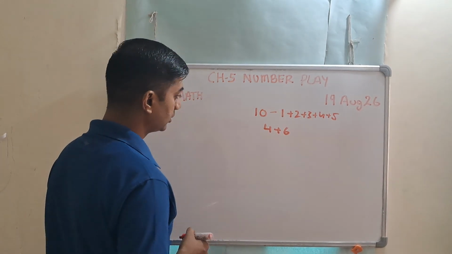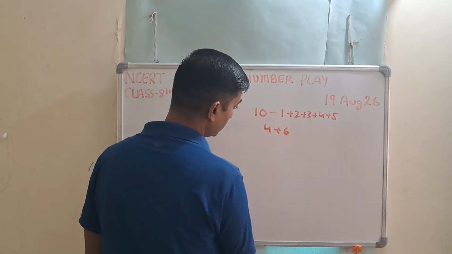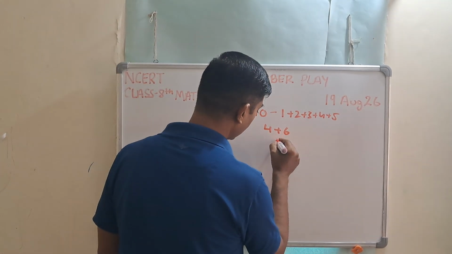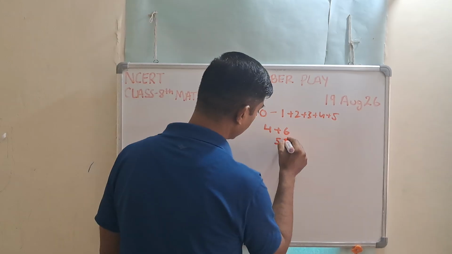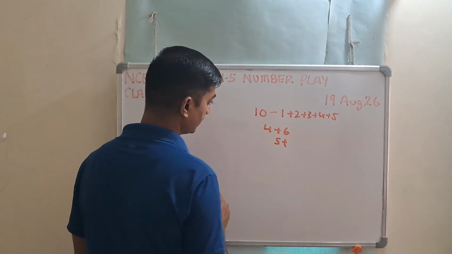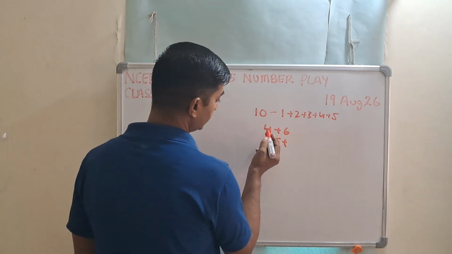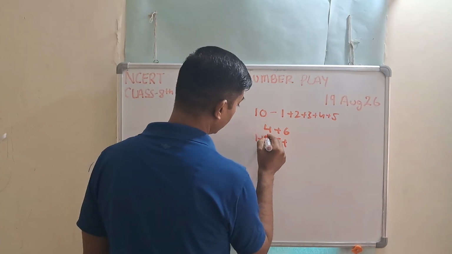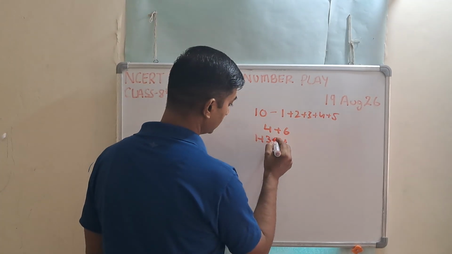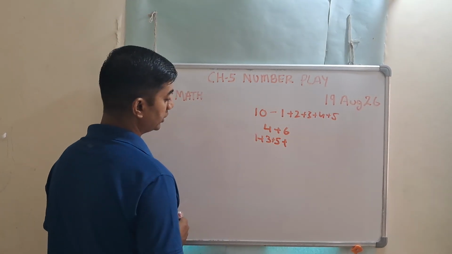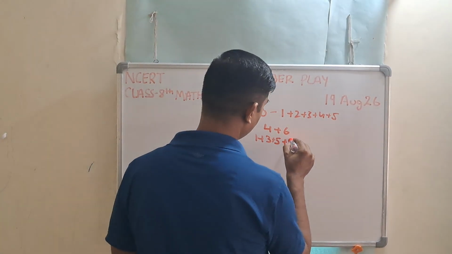Understood? What is in between them? 5. And this 4 is 1 plus 3. Then what is left? 4.